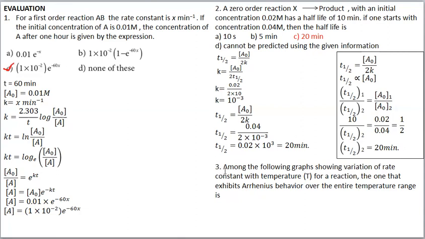Then third question: among the following graphs showing variation of rate constant with the temperature T for a reaction, the one that exhibits Arrhenius behavior over the entire temperature range is.